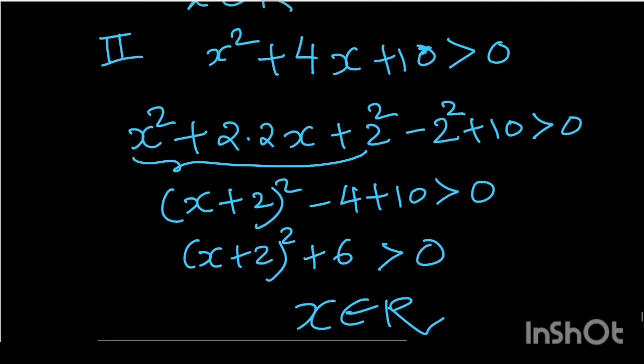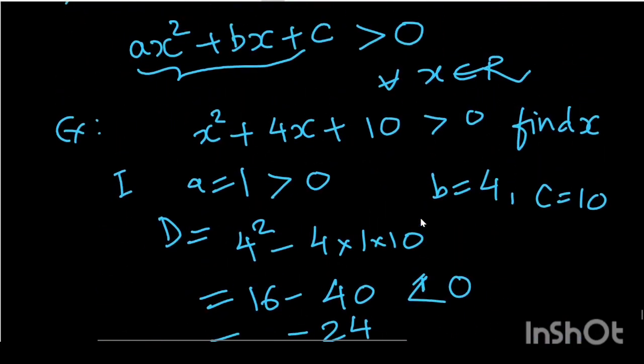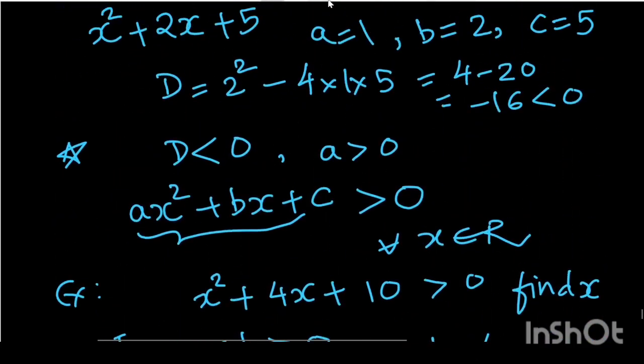So this uses the basic fact that when the discriminant is negative, provided the coefficient of x square is positive, the quadratic expression is always positive. Or we can say that if you impose a greater than 0 constraint on this quadratic expression, it will be satisfied for all x belonging to R.